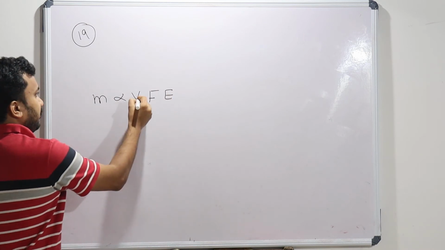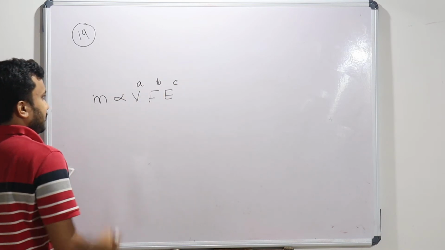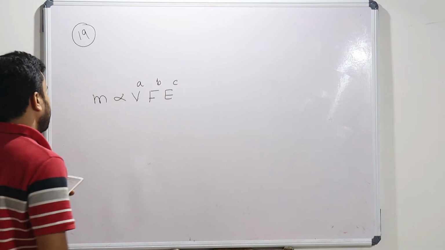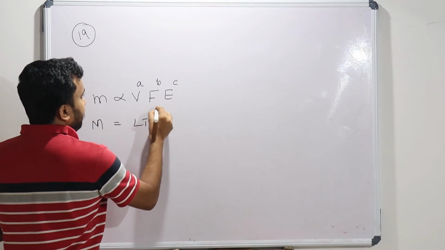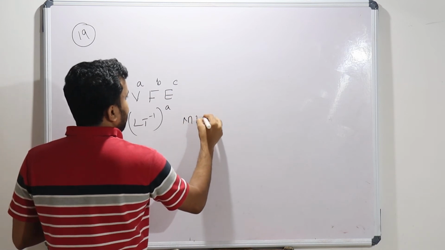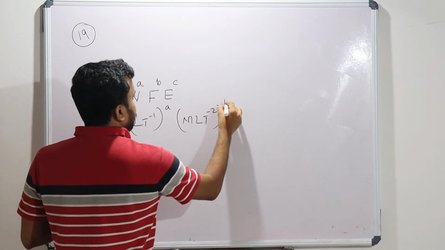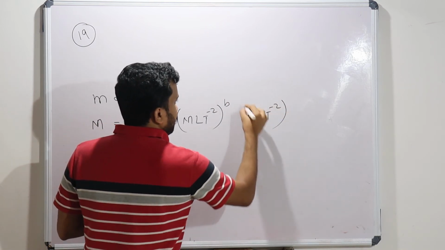So what will we write? V power a, F power b and E power c. So we write the dimension formula of mass. Mass is M, velocity is LT power minus 1 raised to a, force is MLT power minus 2 raised to b, and energy is ML square T power minus 2 raised to c.